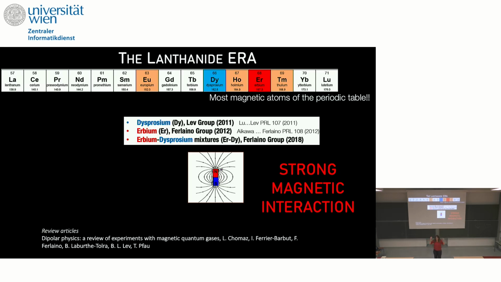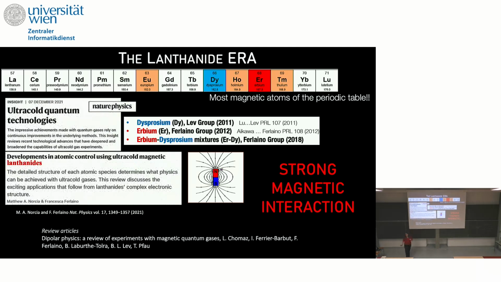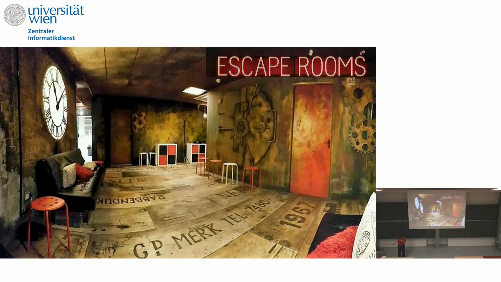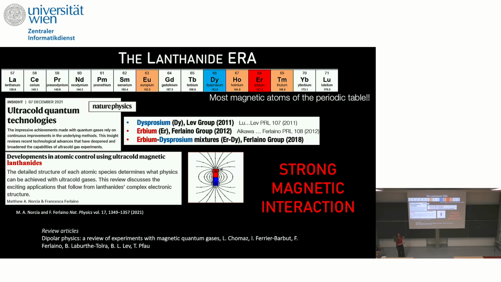So finally, it was possible to have a collection of ultra-cold identical bosons in the quantum regime, which also interact because of magnetic interaction. And this is now becoming the field of strongly magnetic atoms.